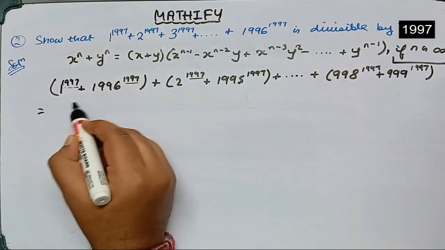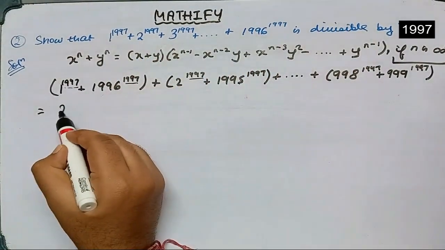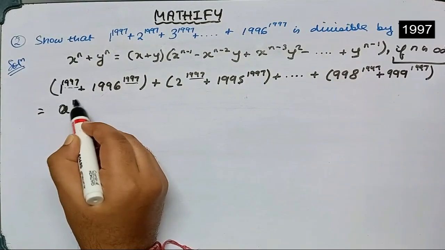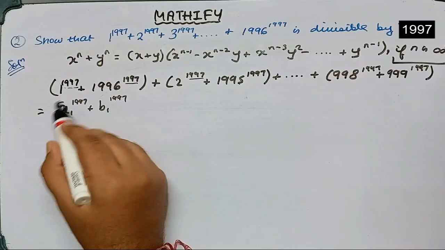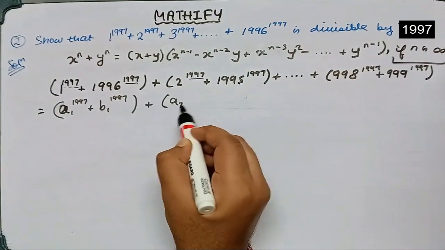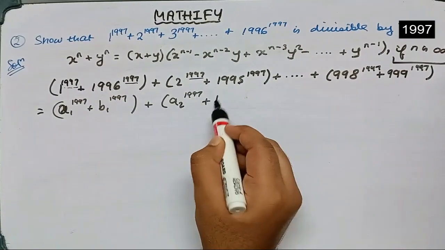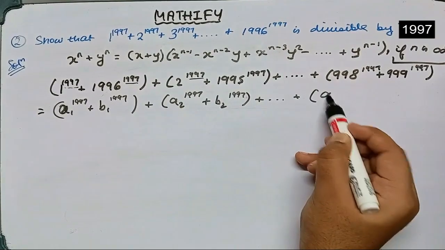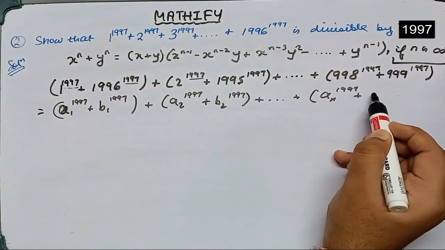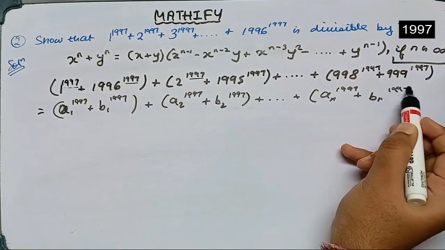I can write the first bracket as a1 raised to the power 1997 plus b1 raised to the power 1997, the second bracket as a2 to the 1997 plus b2 to the 1997, and so on up to an to the 1997 plus bn to the 1997.